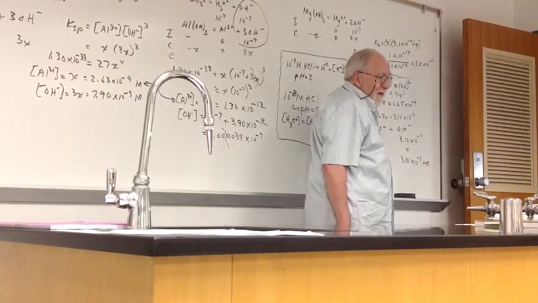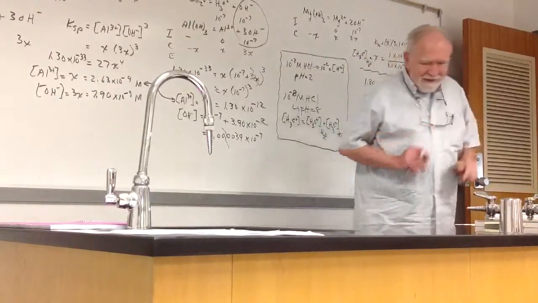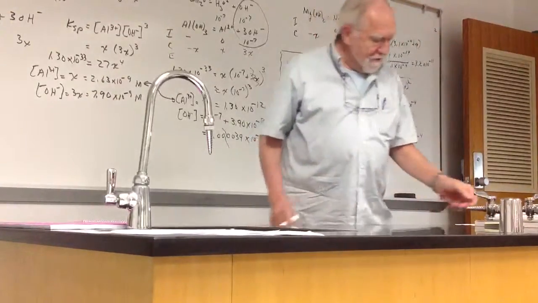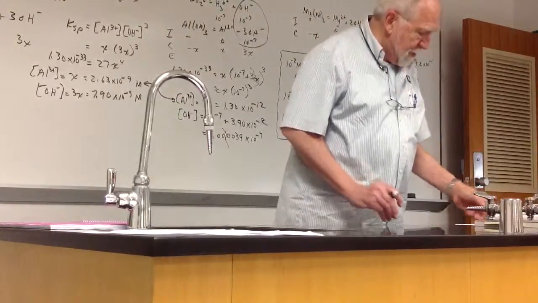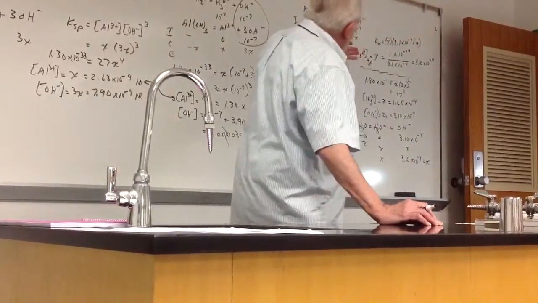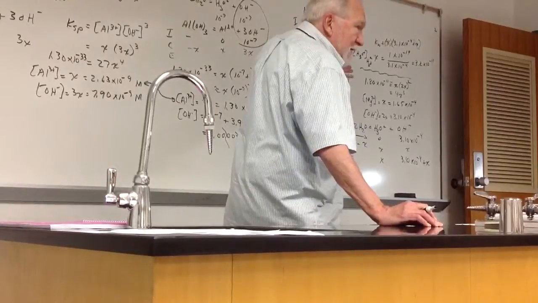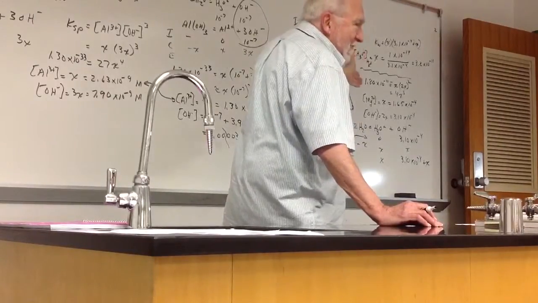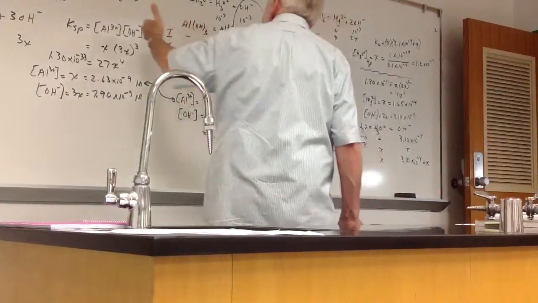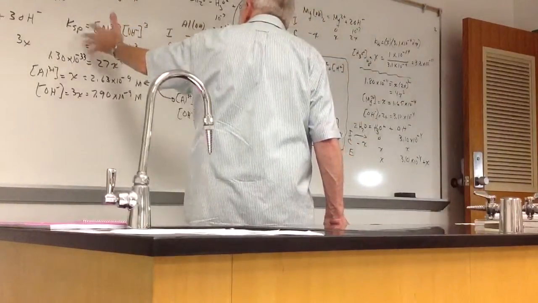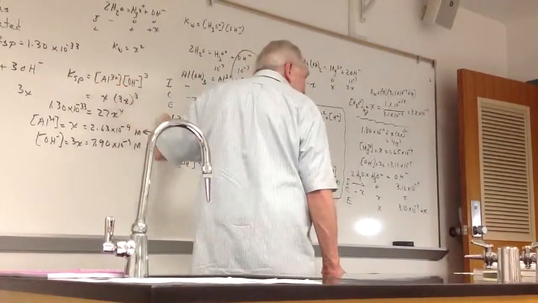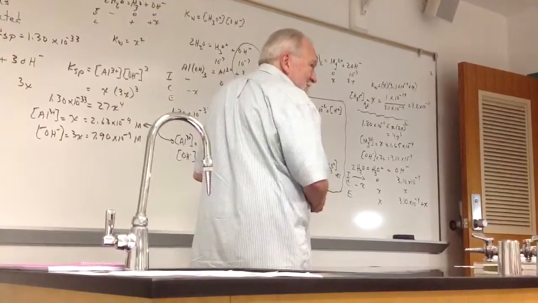Okay. So coming back to everything, what I have here are two different base dissociation problems. One, this is relatively strong, so the K is bigger than Kw, and I ignored the water. This one, the Ksp is much smaller than Kw, so I couldn't ignore the water.